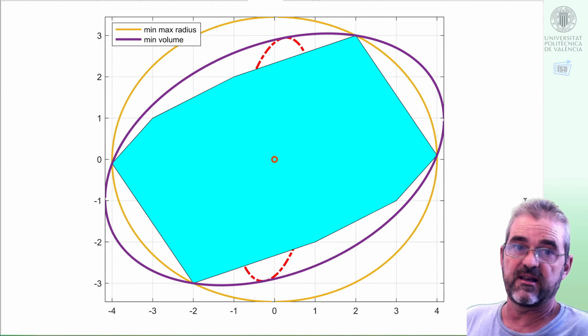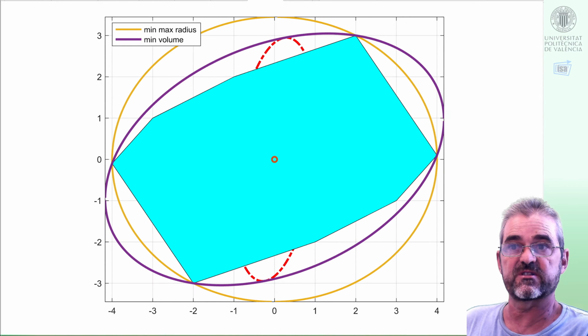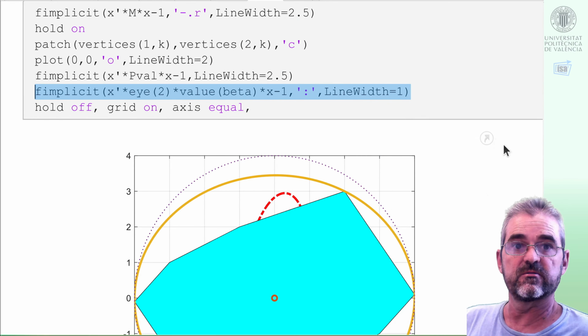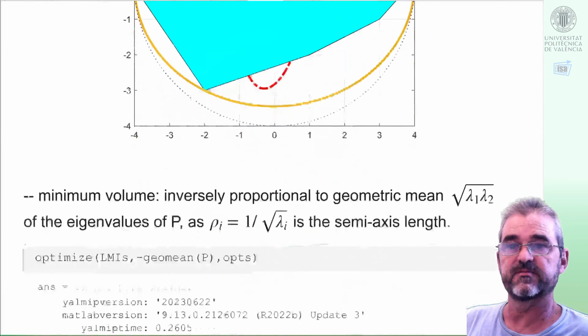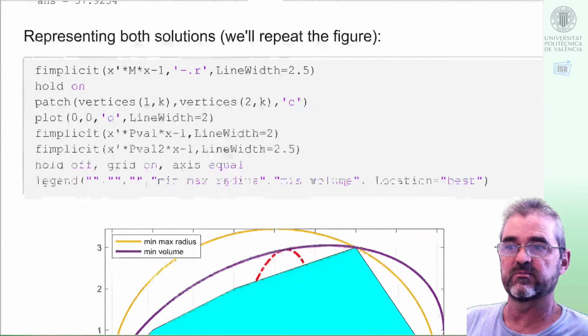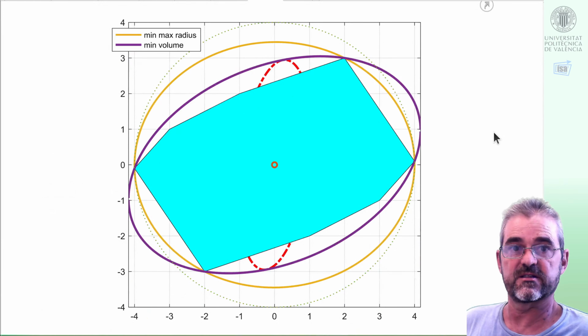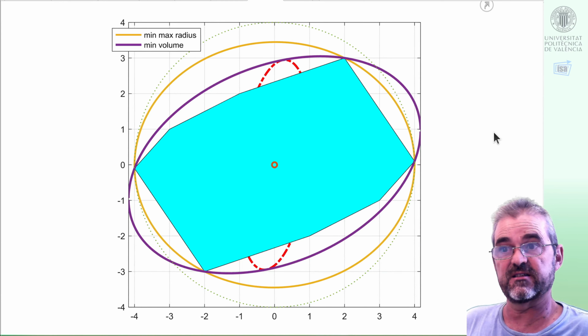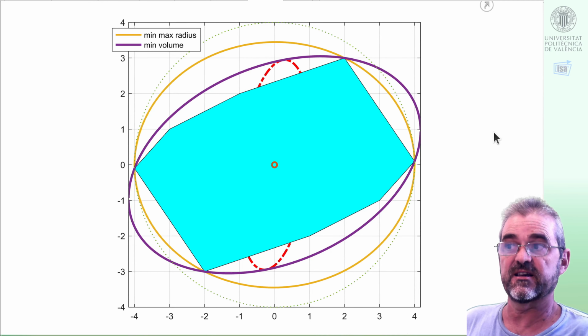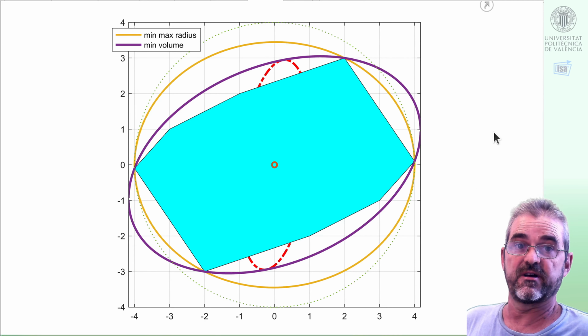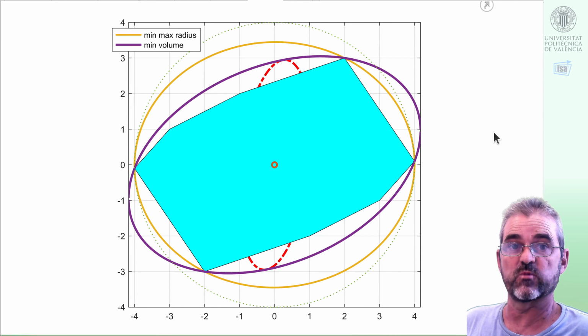We have the yellow-orange, let's say, ellipse that was the first solution with minimum radius. Let me draw the smallest circle in which we can put our polyhedra. This is it in green. So the smallest ellipse, let's say, inside the smallest circle is the yellow one, but it has a larger area than the optimal ellipse with the smallest area, which is the purple one.